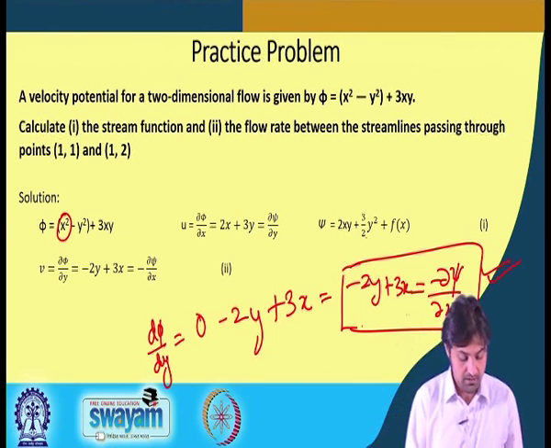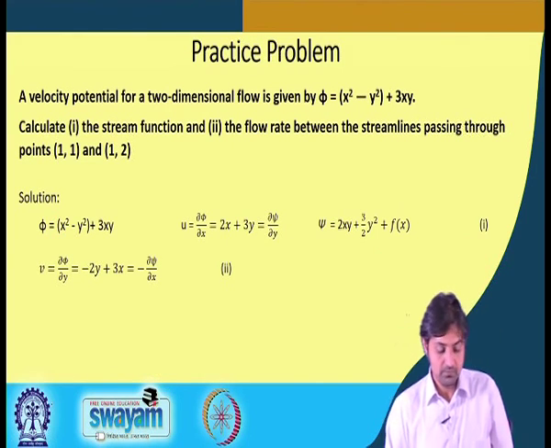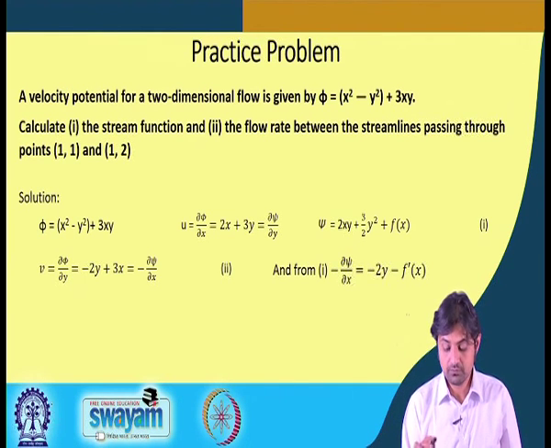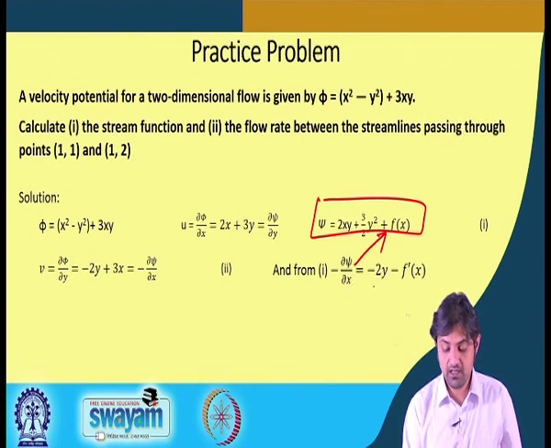This is one of the ways that you can solve and then equate, but here, because we already have psi, we have calculated from this equation del psi by del x, and this came as minus 2y minus f dash x.